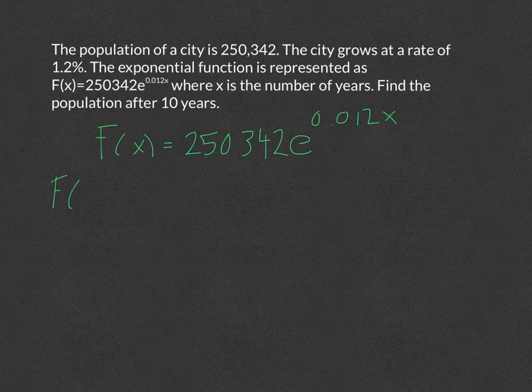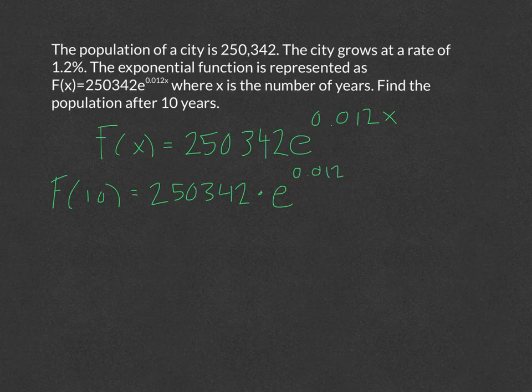So we would have f of 10 is equal to 250,342 times e, which is a number that's on your calculator. It just represents the natural number. E to the 0.012 times 10. And you actually just calculate that out on your calculator.